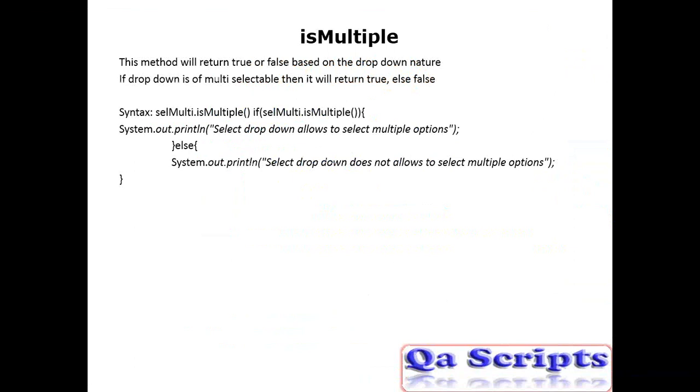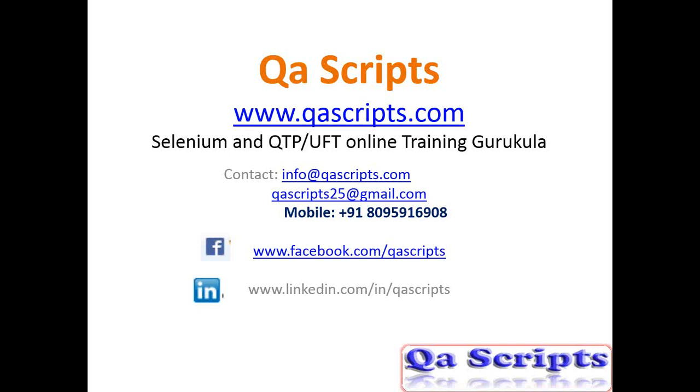This is how we can use the isMultiple method from the Select class. These are the different methods we are going to use in real time when we want to select, deselect or get options from the drop down element.